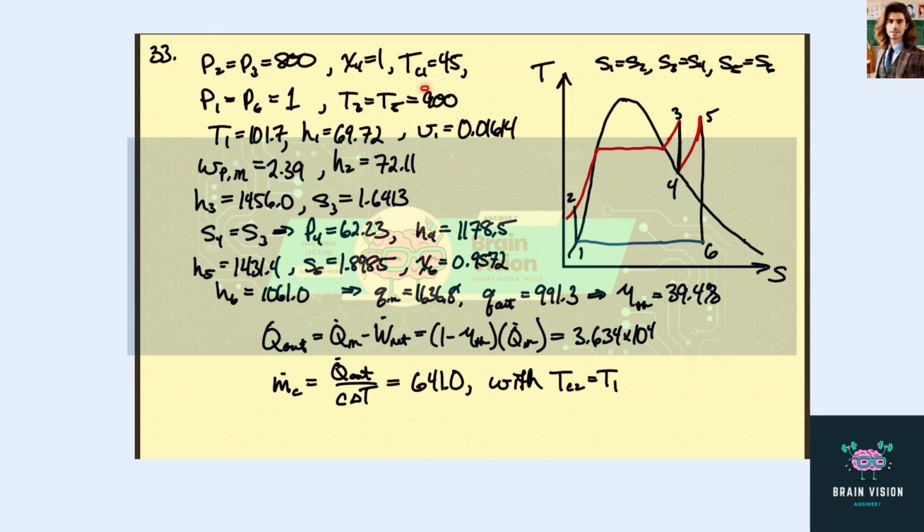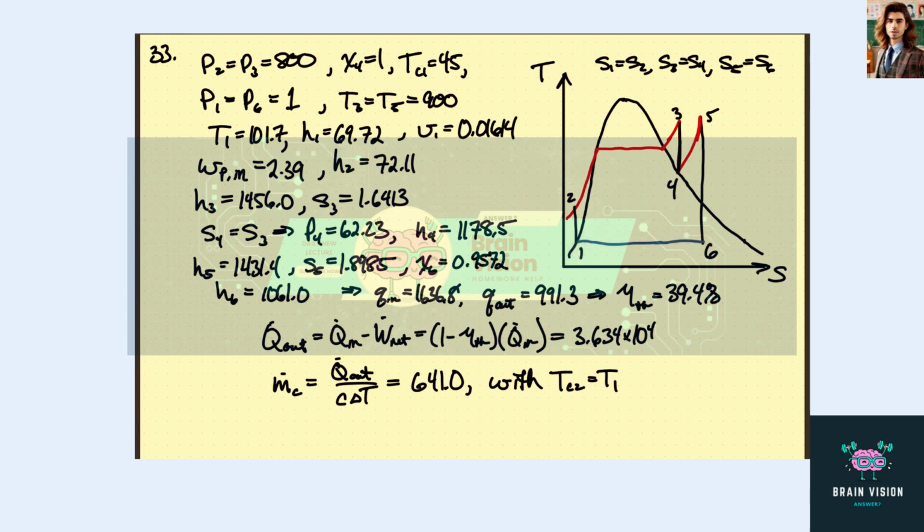So that enters the condenser here, and we basically have a heat exchanger here to condense this vapor. Up here we have 900 degrees Fahrenheit, and down here we have 1 psia. So very low pressure down here in the condenser.